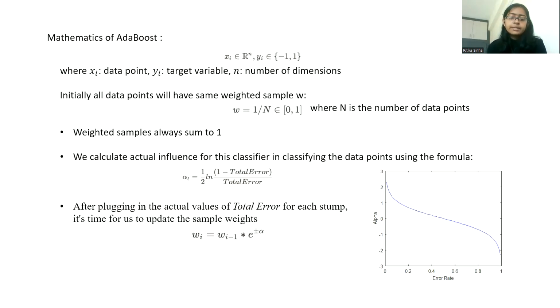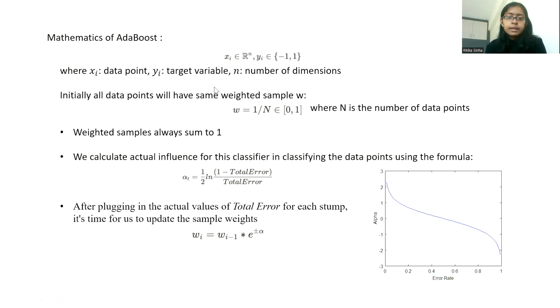Now we will try to understand the mathematics behind AdaBoost. Let's break AdaBoost down step by step and equation by equation so that it's easier to comprehend. We start by considering a data set with capital N points or rows in our data set. x_i belongs to R^n, y_i belongs to {-1, 1}.